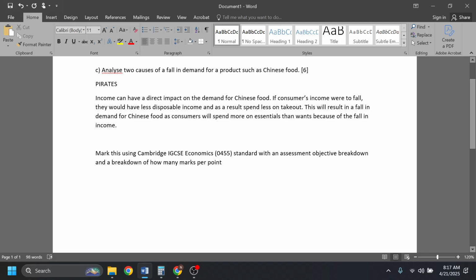Now, this isn't bad, this is okay. You can use this as analysis, this will work, right? But I would say that it would have been better if I were to say that Chinese food is a want. So this will result in a fall in demand for Chinese food, as consumers will spend more on essentials than wants.